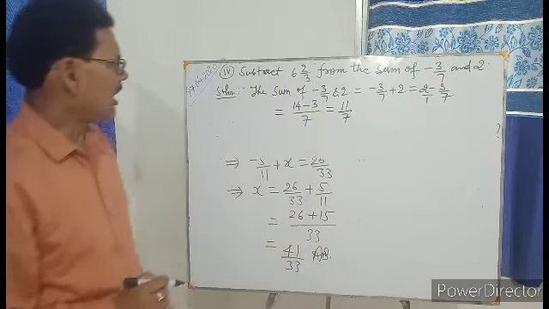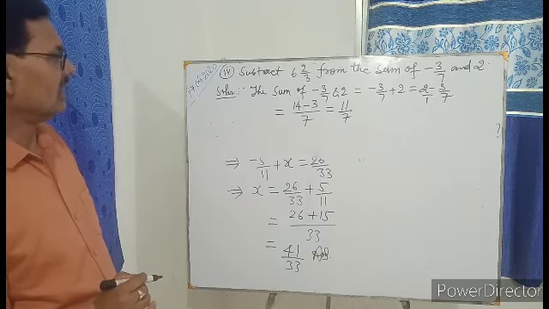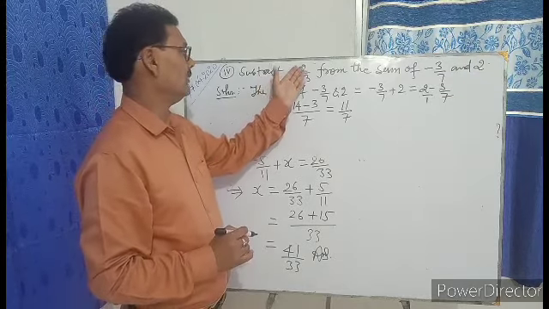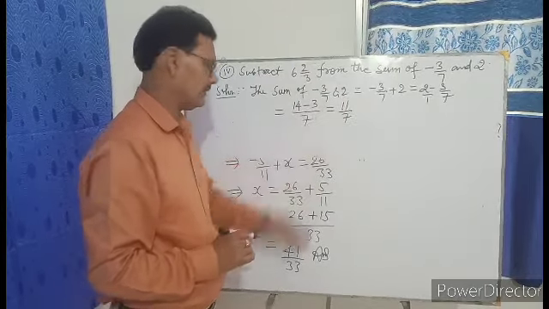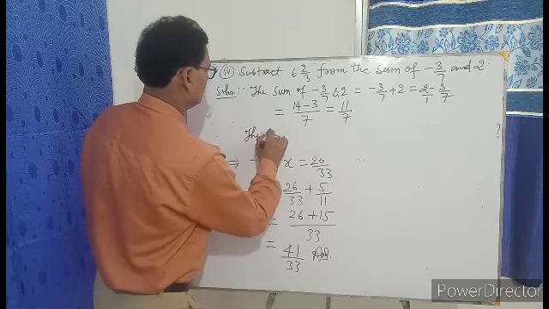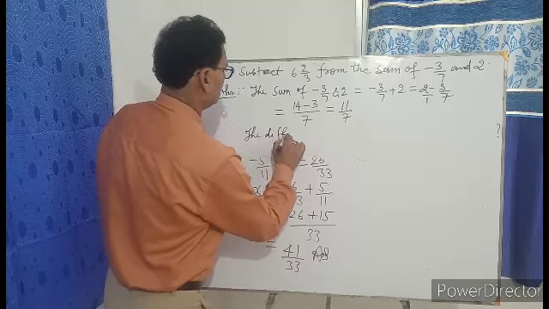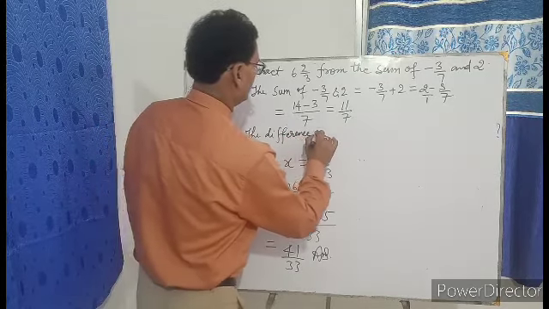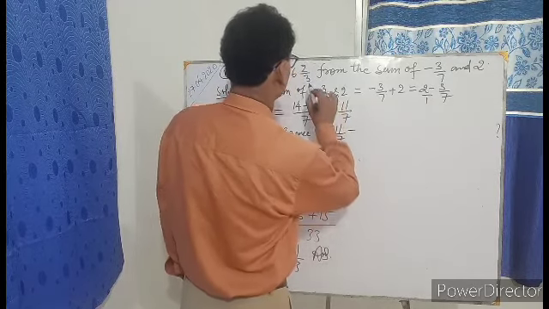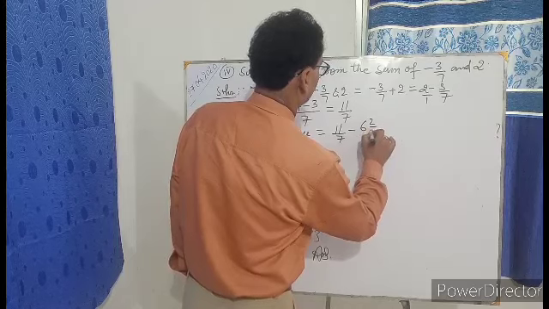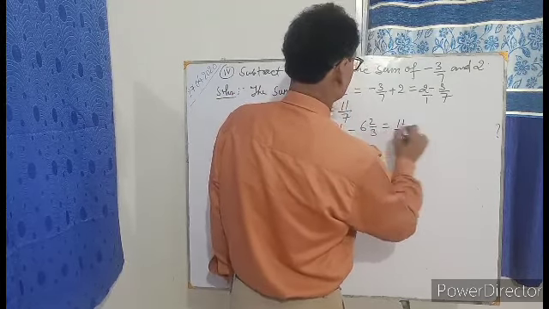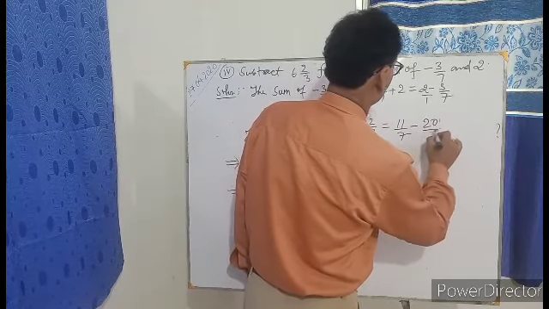Okay. Now what is the next part of the question? Subtract 6 whole 2 by 3 from 11 by 7. Now the difference is equal to 11 by 7 minus 6 whole 2 by 3, that is 11 by 7 minus 20 by 3.